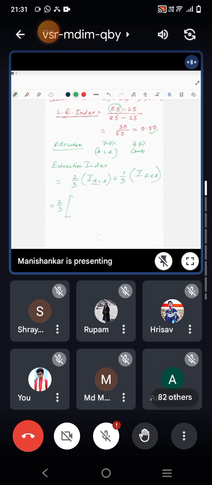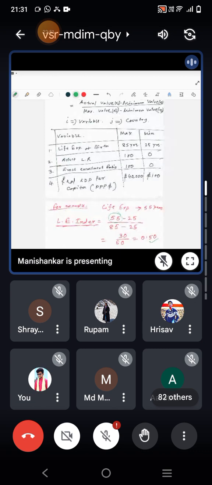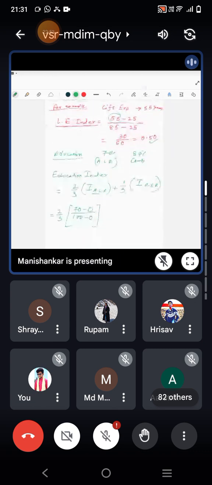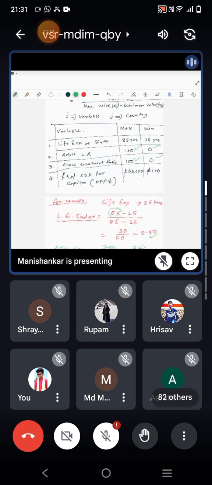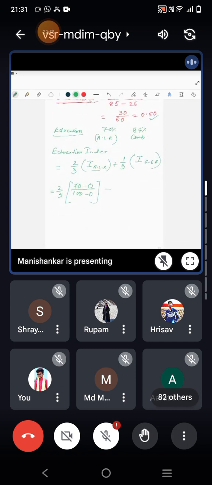Take actual value 70, minus minimum value 0, over max minus min, because adult literacy has maximum 100 and minimum 0. Similarly, the maximum and minimum for gross enrollment are also 100 and 0.